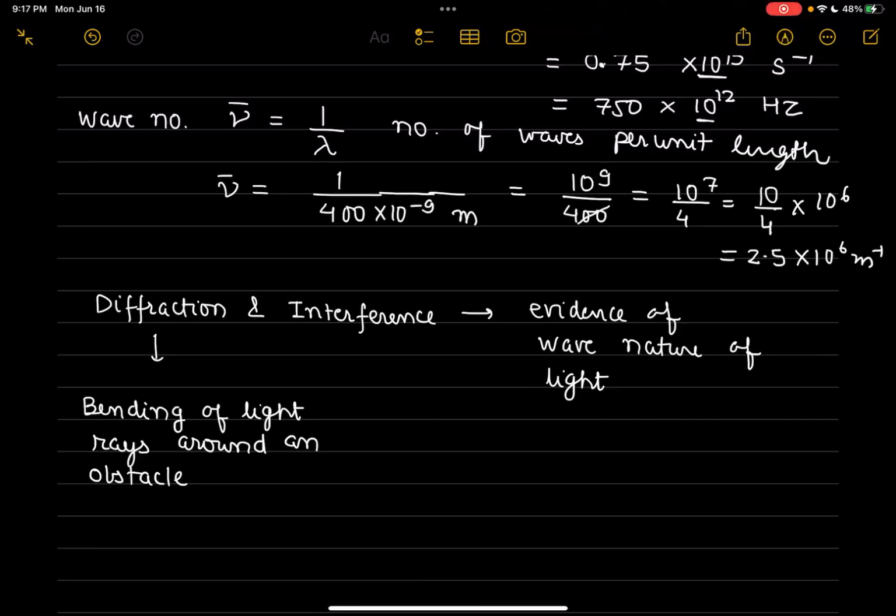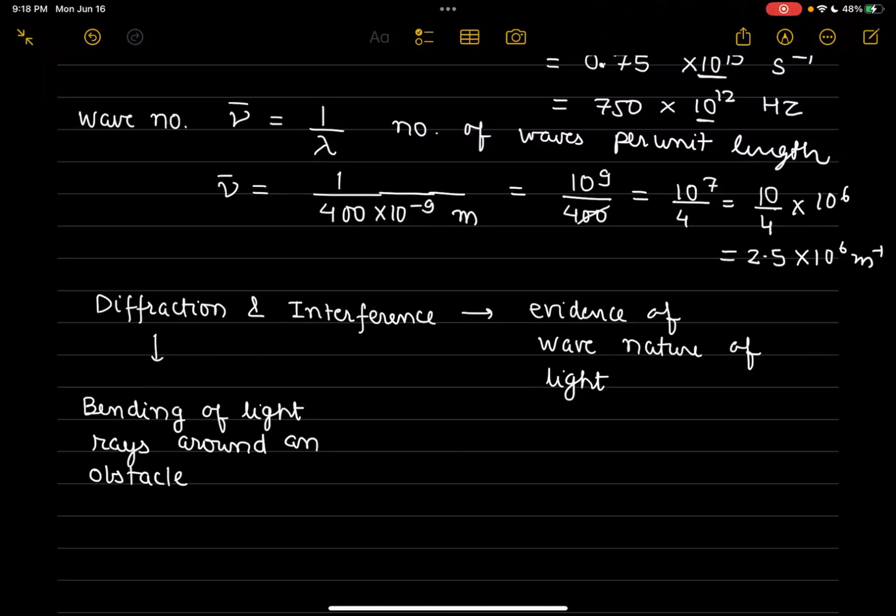Suppose a ray of light is coming into a closed room which doesn't have any windows. We see that the ray of light is coming straight, and we also have the light spreading in the rest of the room. That is diffraction. Even if a single ray of light is getting into the room, you can see the whole room is lit up.